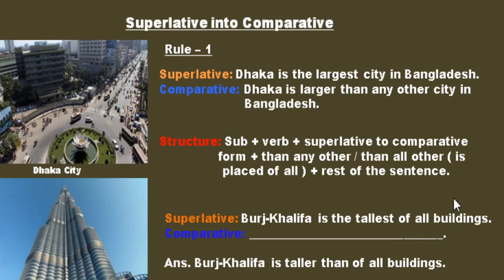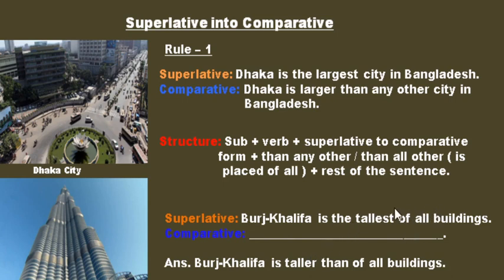Our next example, superlative: Burj Khalifa is the tallest of all buildings. You can see the picture. How will you change it? Tall, taller, tallest. So the comparative form is taller. Burj Khalifa is taller than of all.